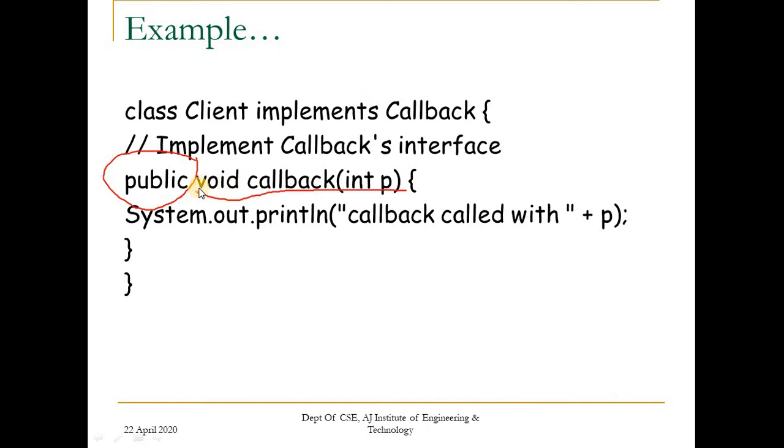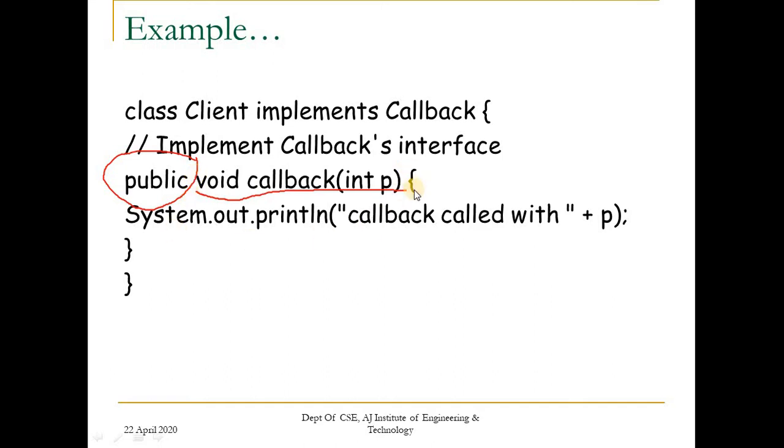So the implementing method and the method declared inside the callback interface should be exactly the same. Its type signature should be exactly the same, and also the implementing method should be of type public.